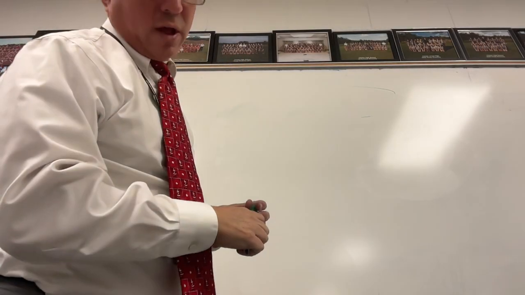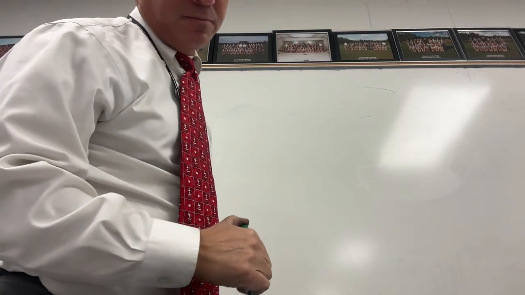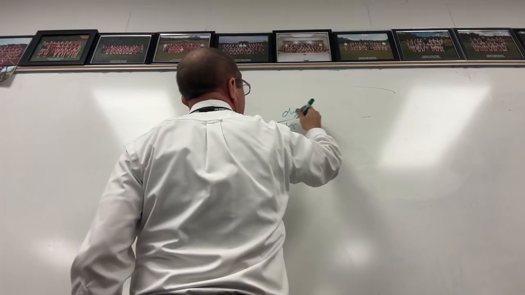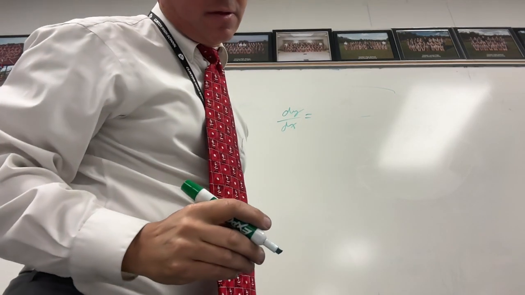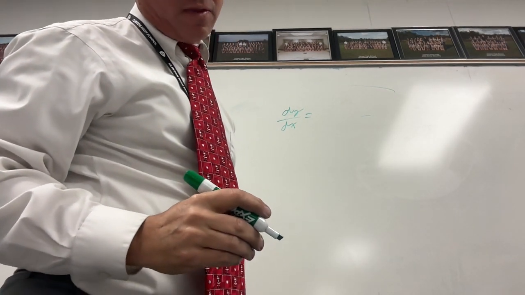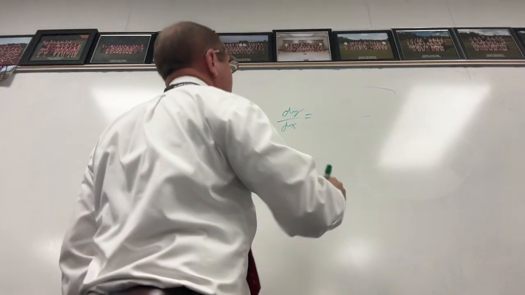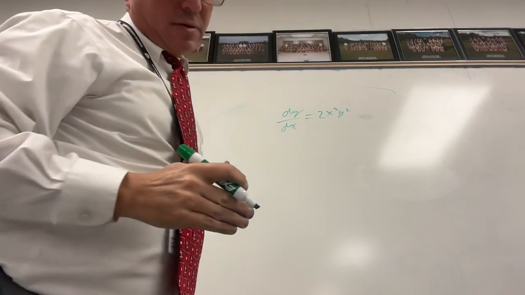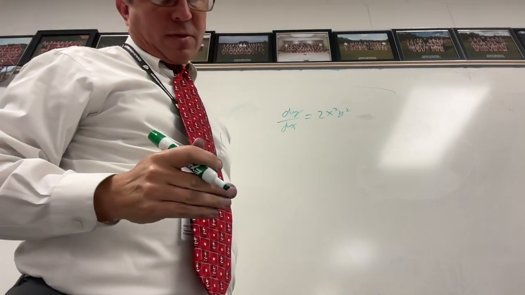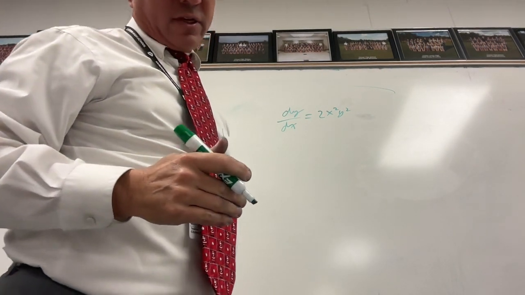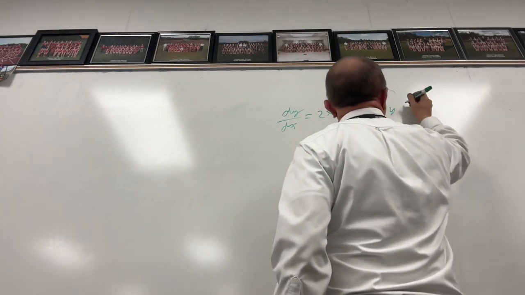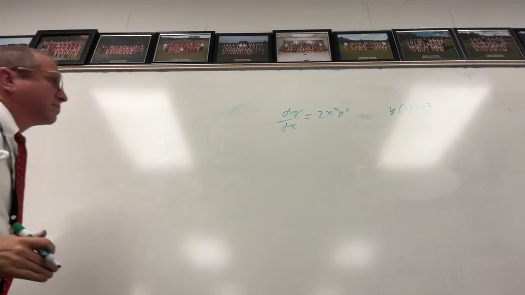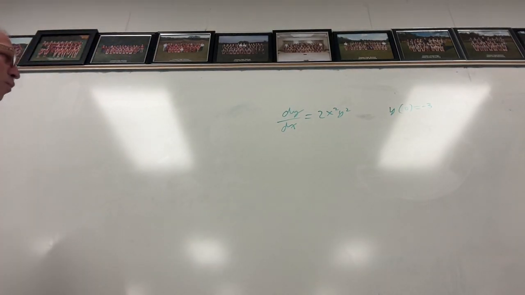So let's just go with dy/dx equals 2x squared y squared. And we're going to say that y of 0 is negative 3. Well, again, what do we start off with?